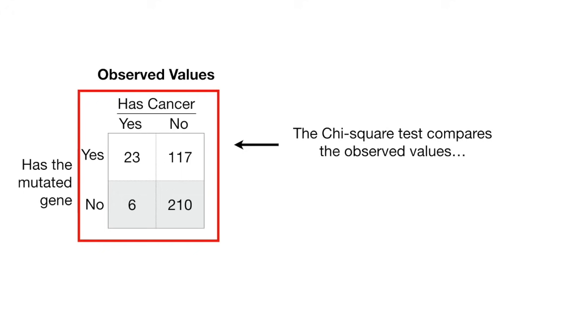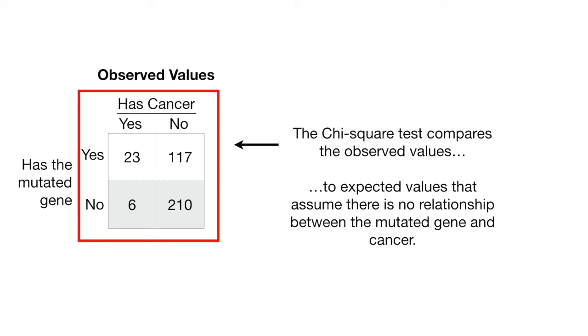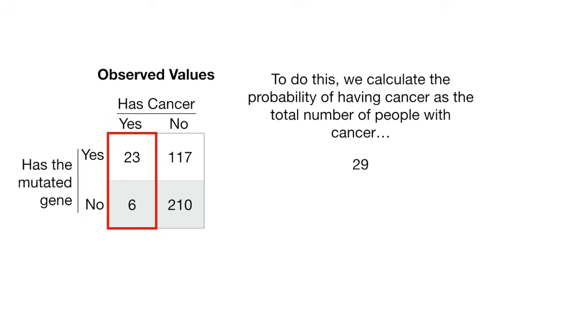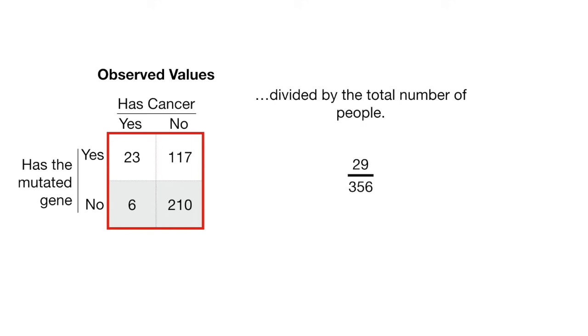The chi-square test compares the observed values to expected values that assume there is no relationship between the mutated gene and cancer. To do this, we calculate the probability of having cancer as the total number of people with cancer. That's 29. Divided by the total number of people. That's 356.